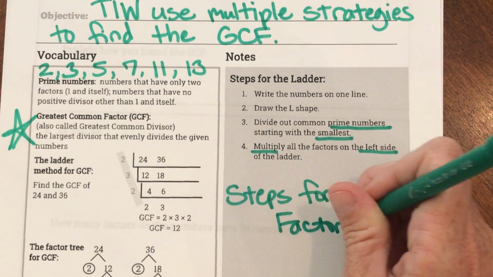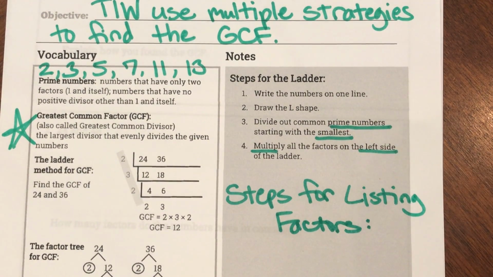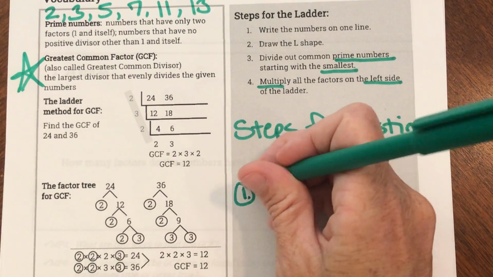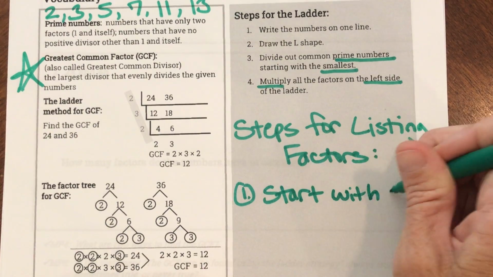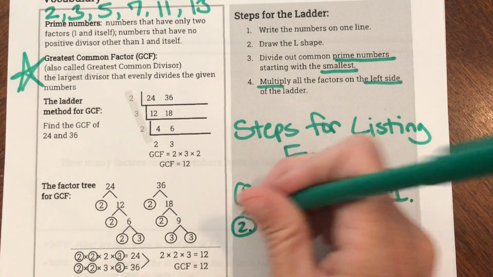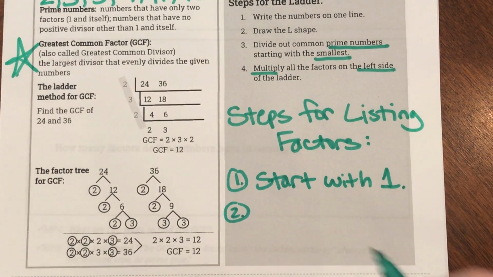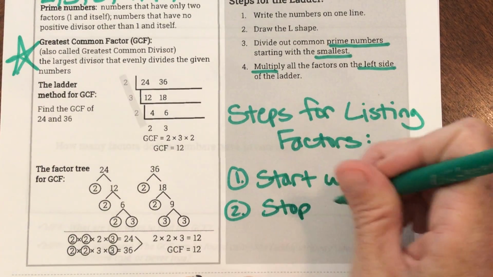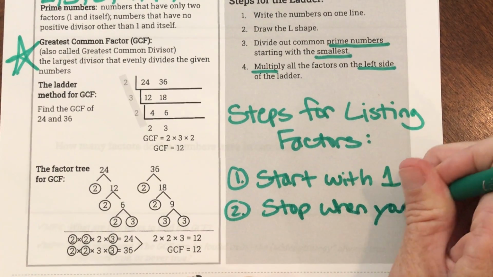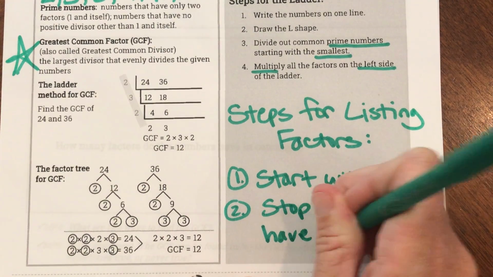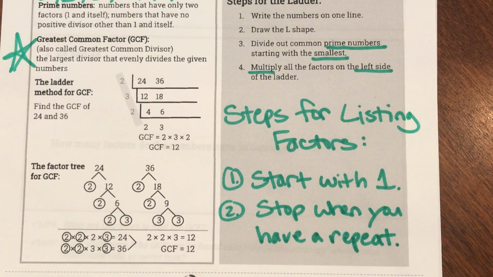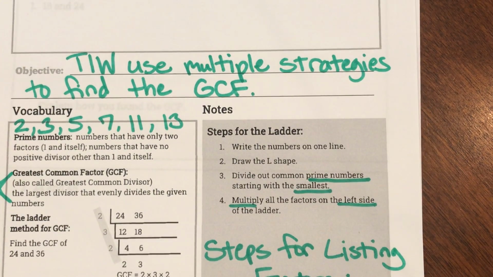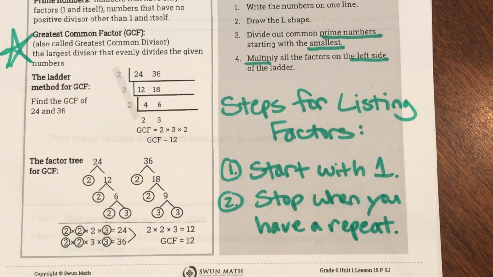So our first step is start with 1 and then stop when you have a repeat. Okay, so those are going to be the 2 different strategies. So the ladder strategy and then just listing our factor strategy.